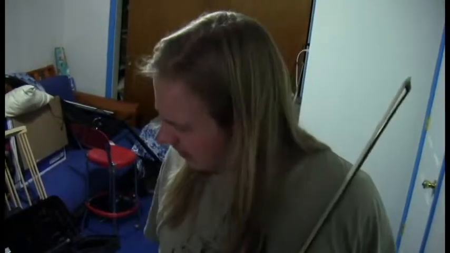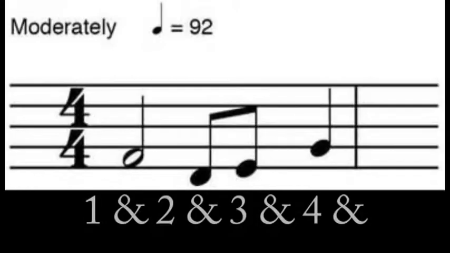The second type of counting is what we do to check out different songs, kind of like looking at them and figuring out how they sound before playing them. It's an effective sight reading technique. And for that, we count each note. So instead of going 1 and 2 and 3 and 4 and, we would count the notes.